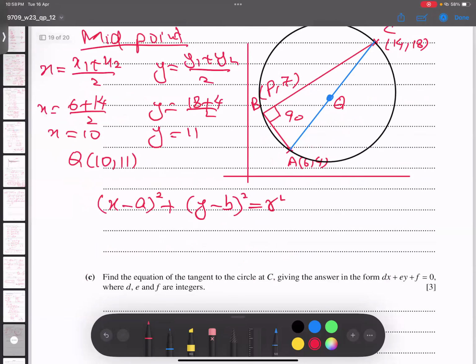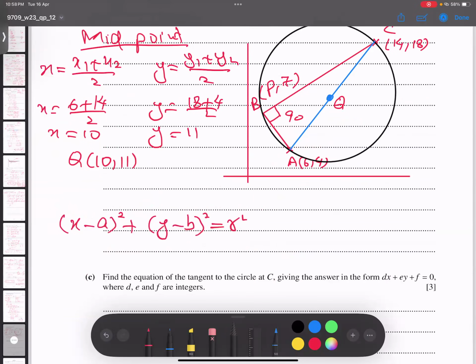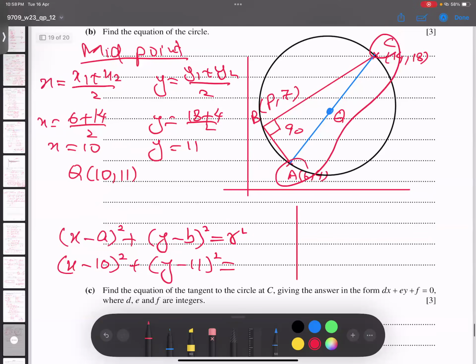And student, I can plug in, and only one thing is left, and that is the radius. So this 10 will come in the place of a, and this 11 will behave as b. Only thing is the radius. How to get the radius, student? We have two techniques. Finding this distance and dividing by 2, or finding the AQ distance, no problem at all. So radius by the distance formula. And what is the formula?